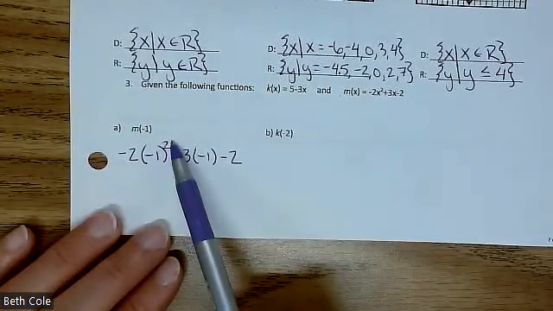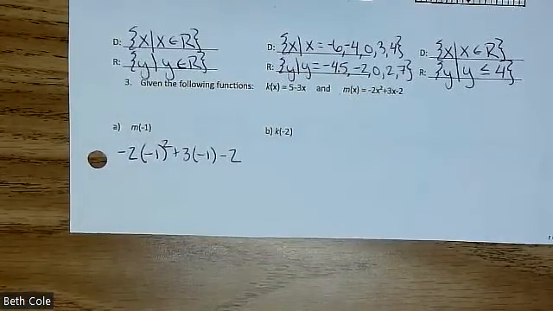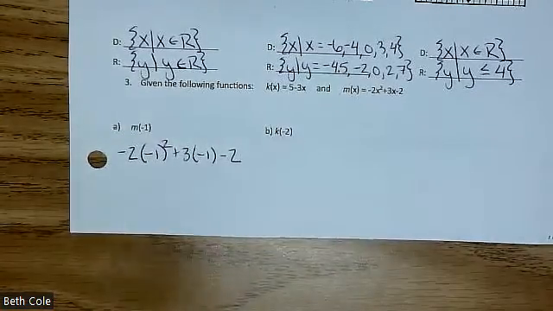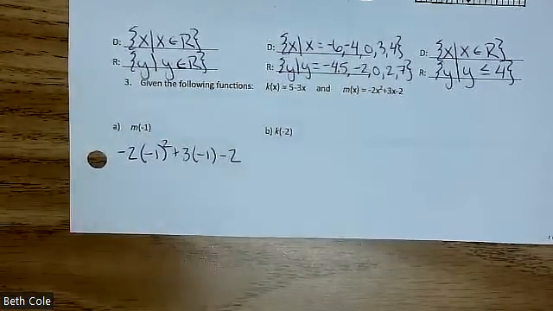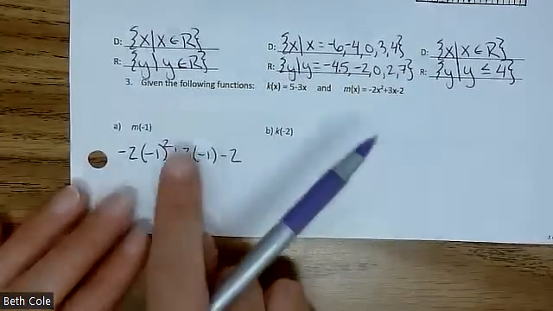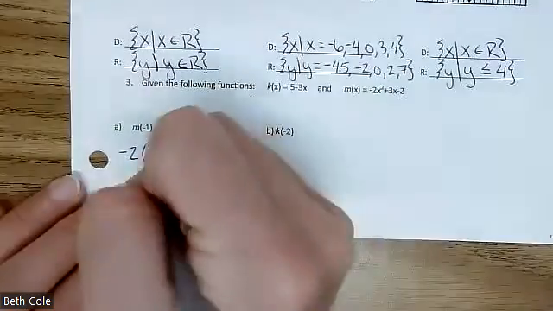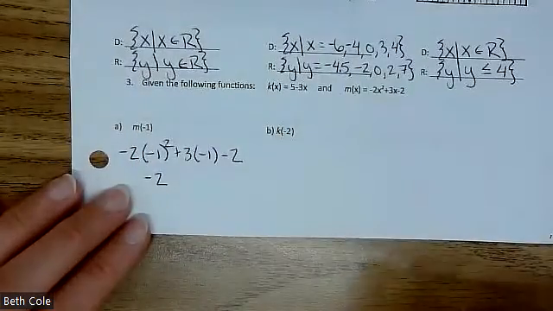-1 squared. That's -1 times -1. That would be -1 times -1. +1, good. Negatives cancel, 1 times 1 is 1. All right, so that part's just 1 times -2 would be -2.